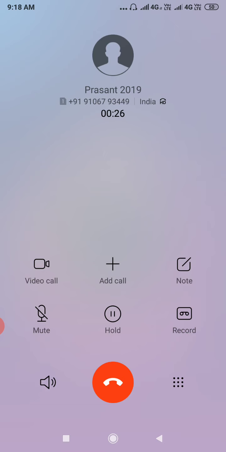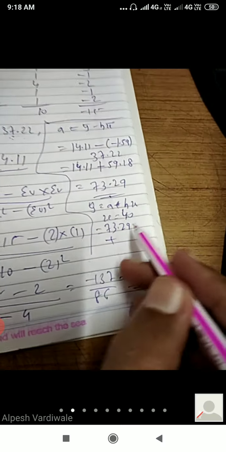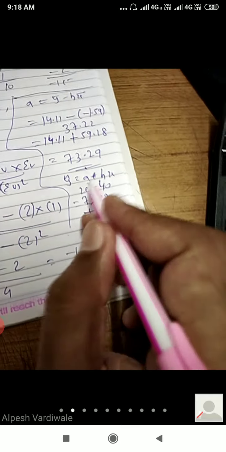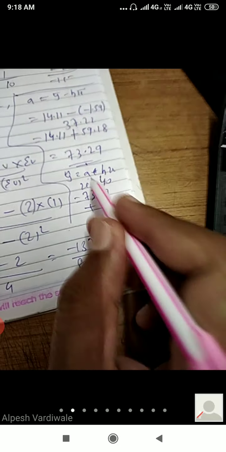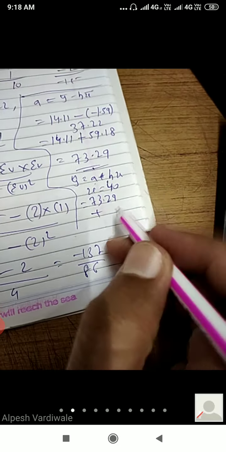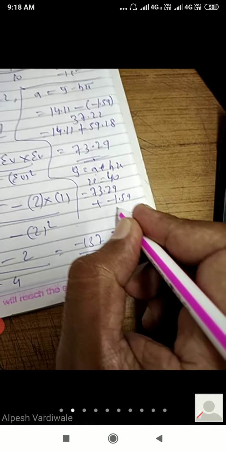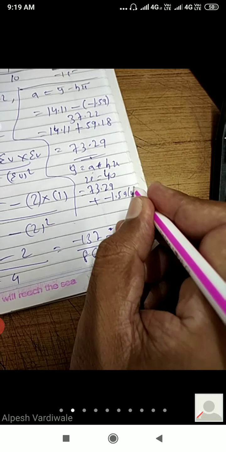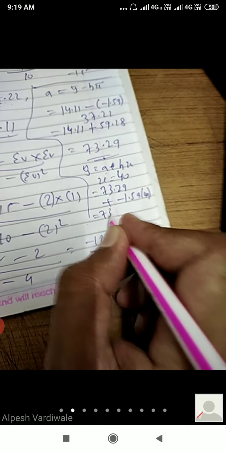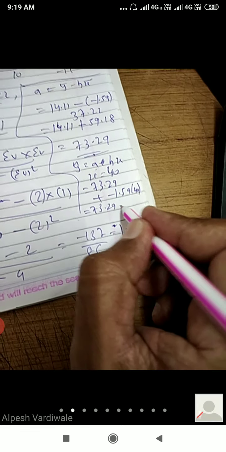Now 73.29 minus 1.59 into 40, how much is it coming? Okay, now subtract this from it. 9.69, okay. So 9.69 is the value. When price is 40, demand is 9.69. Okay. So your first question is finished.